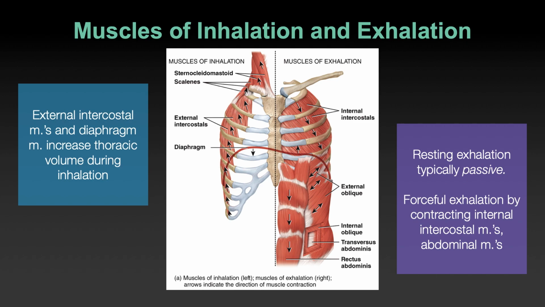So at rest, exhalation is typically passive. The ribs fall, the diaphragm raises back up, and they don't need a lot of activation to do that. Both of those things will make the container smaller, pushing the plunger in, pressure rises, air leaves.